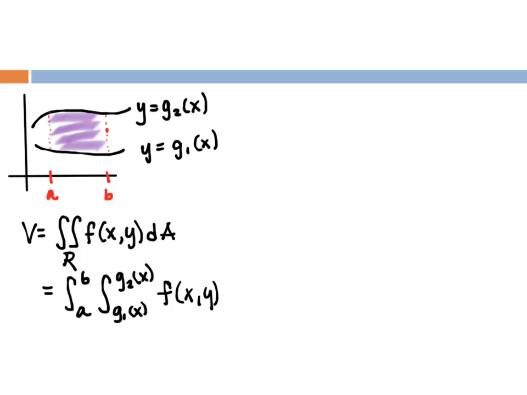We are dealing with the g1 and the g2 of x, so that's dy in the inside integration. And then the A and the B apply to the x value, so dx is the outer integration. We had set this up last time, right?